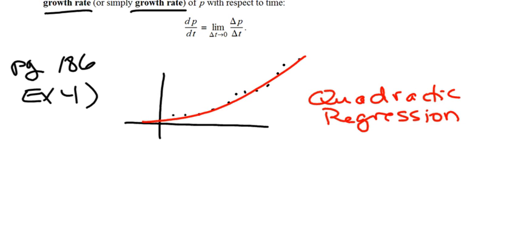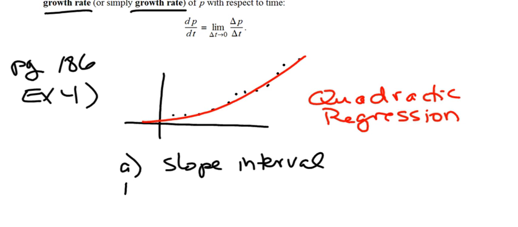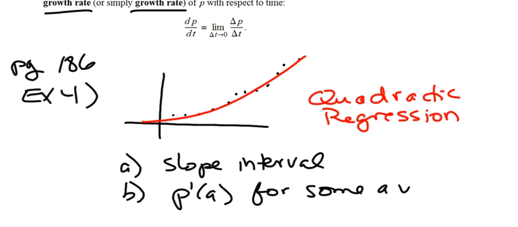So for step A, it's talking about slope over an interval, so you can use slope. B, we go ahead and take the derivative of the function for some a value. C, they graph this derivative.